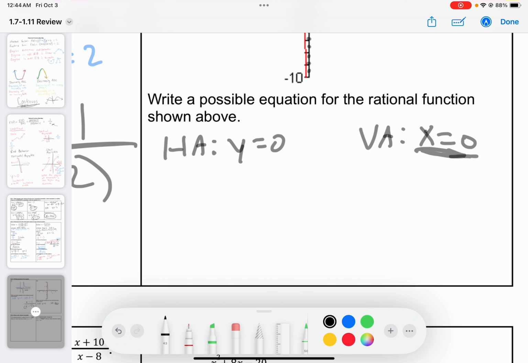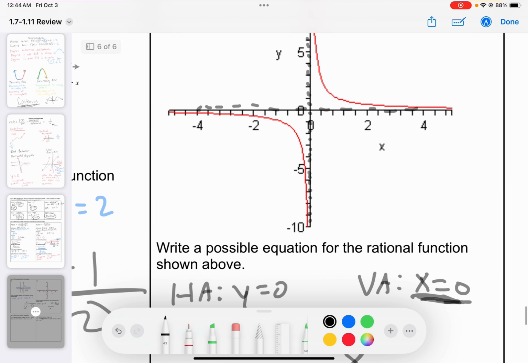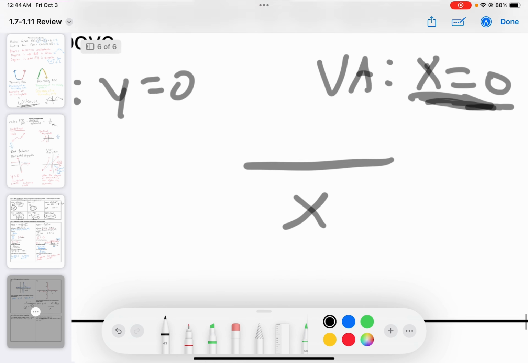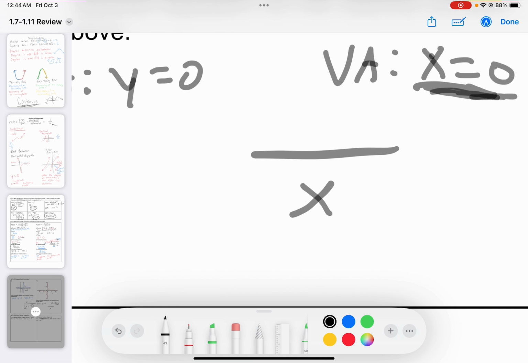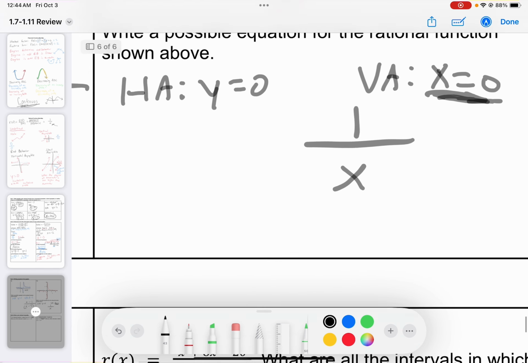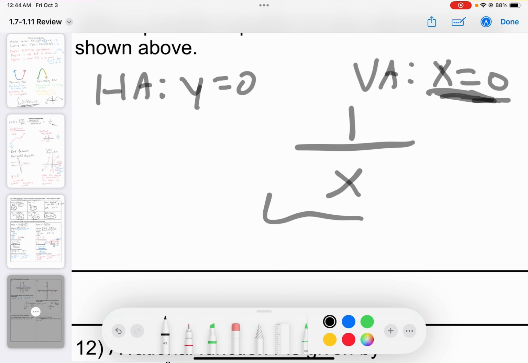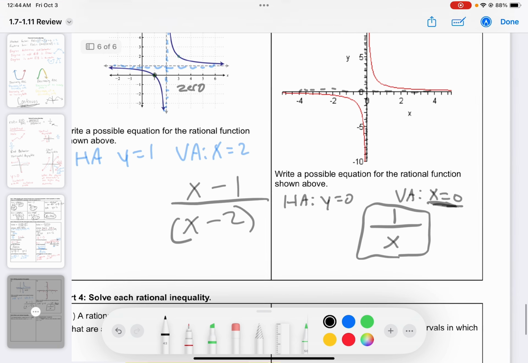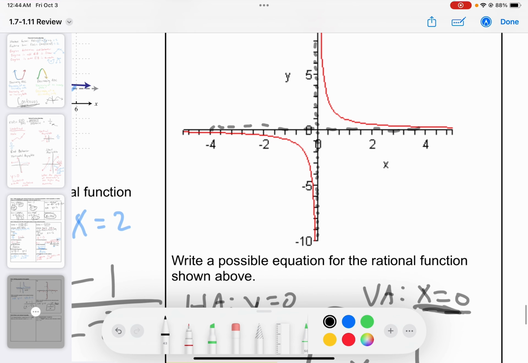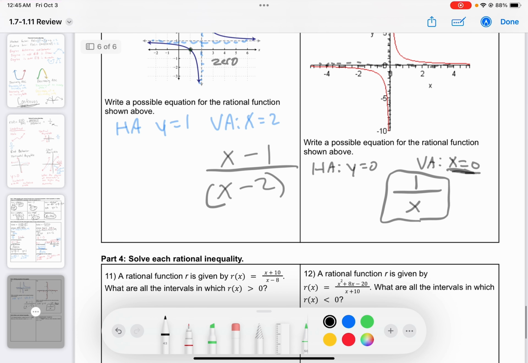So why don't we just say x on the bottom, right? Because if x equals 0, we're undefined. And we need the denominator to be higher degree than the numerator. So let me just put a 1 up there. Because 1 over x, that works. You can have 7 over x, 10 over x. These all seem possible. There's no zeros, right? This never touches this. All right, let's keep moving.